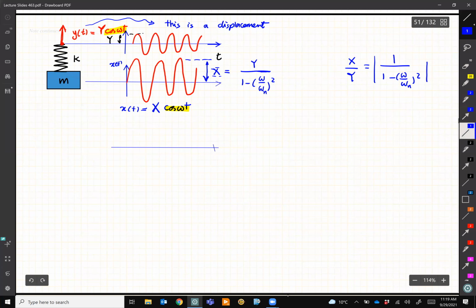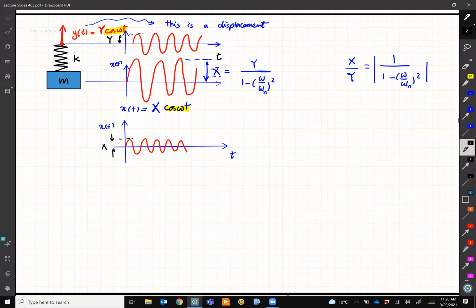Or, so this is x(t), and this is time. Right? So this x can be smaller or larger than this y.